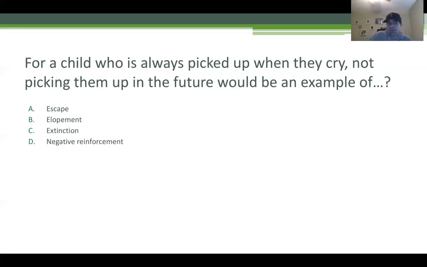We're taking away picking them up. And if that's increasing the crying, then potentially that could be negative reinforcement because we're taking something away and the behavior is increasing. But in this case, right, we're cutting off their reinforcement. We're not picking them up. The behavior is on extinction. Okay, so the answer here is extinction.